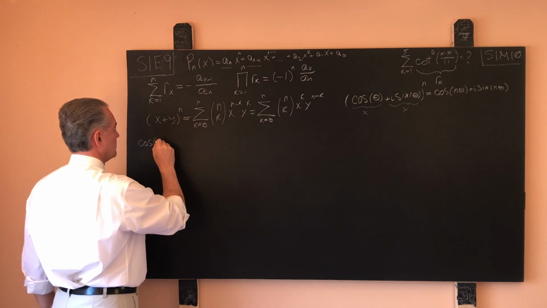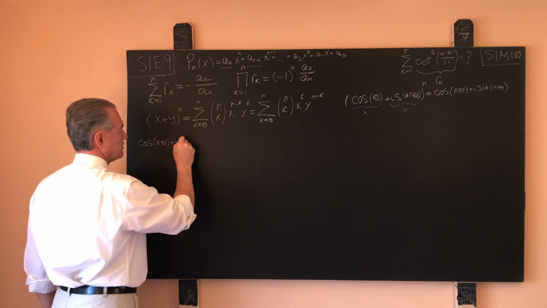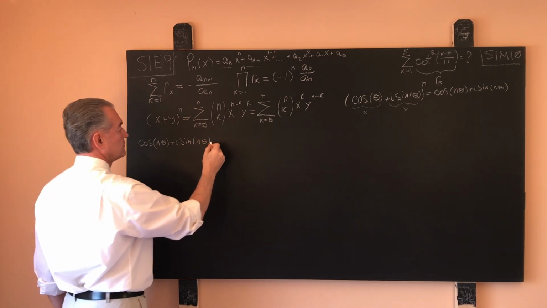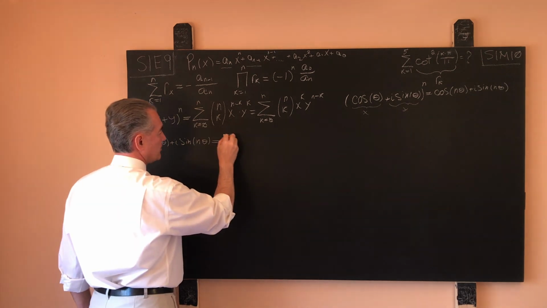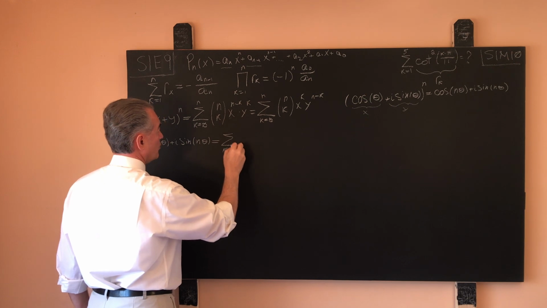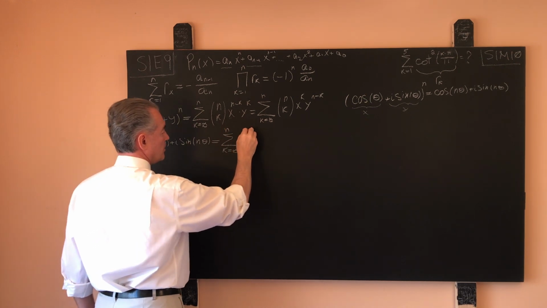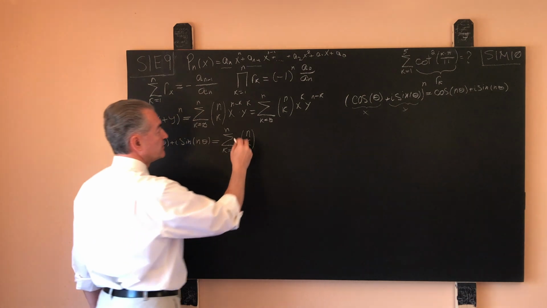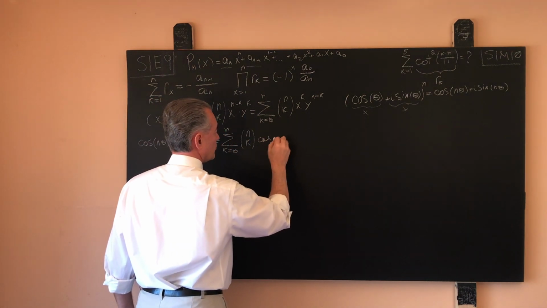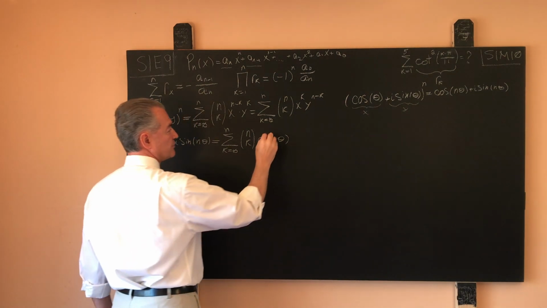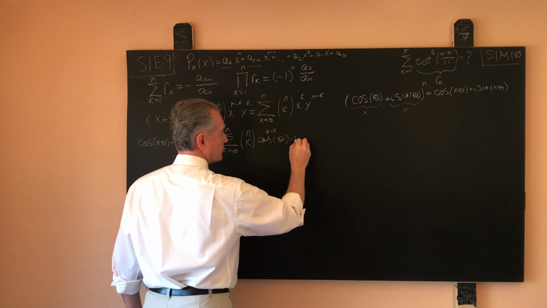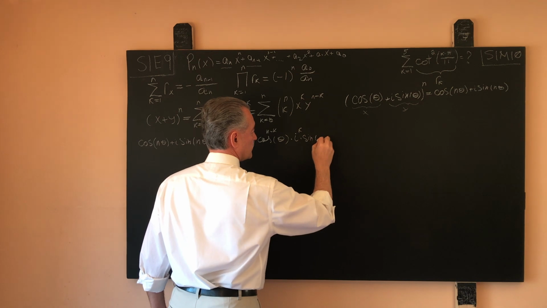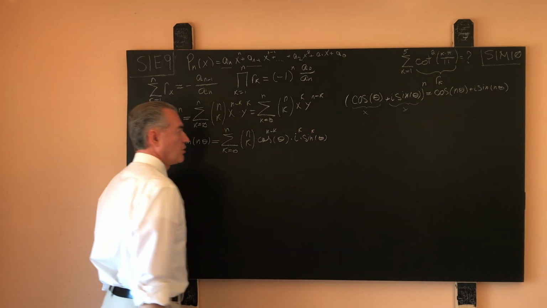cosine of n theta plus I sine of n theta equals the sum over k, which varies from 0 to n, of the binomial coefficient n choose k, times cosine of the angle theta raised to the power n minus k, times I raised to the power of k, times sine of theta raised to the power of k.